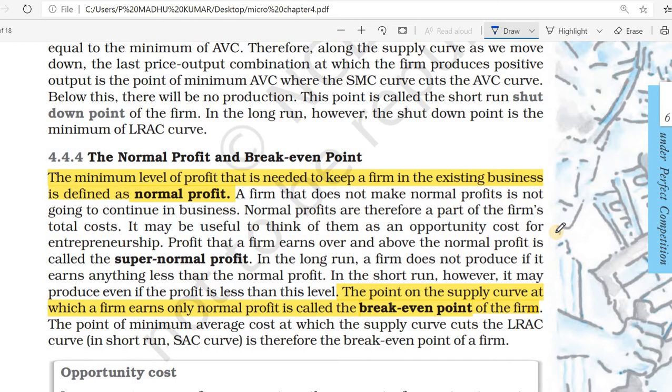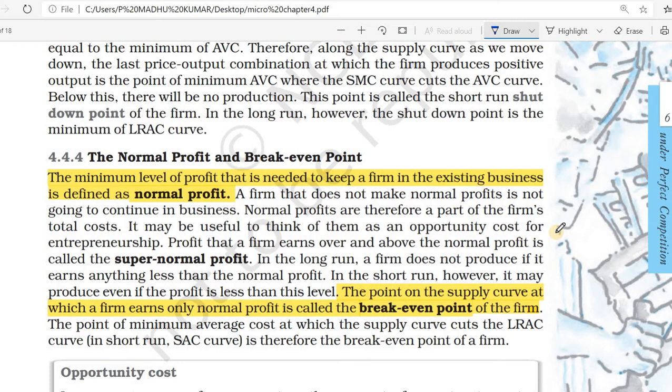A firm that does not make a normal profit will discontinue the business. The profit a firm earns over and above the normal profit is called supernormal profit.